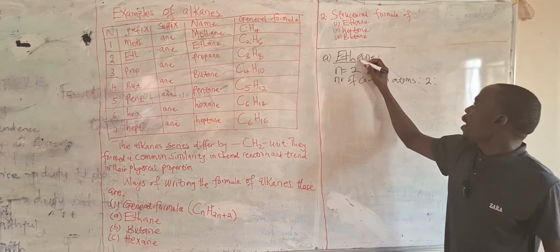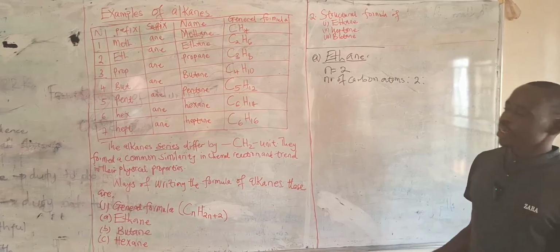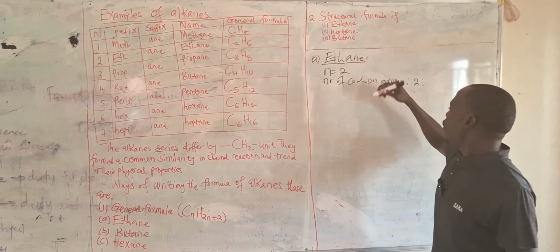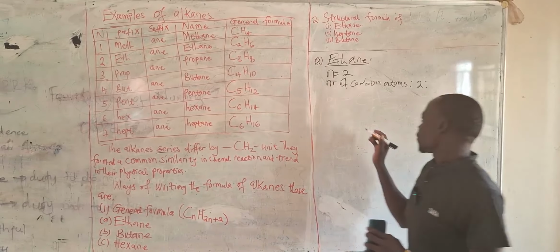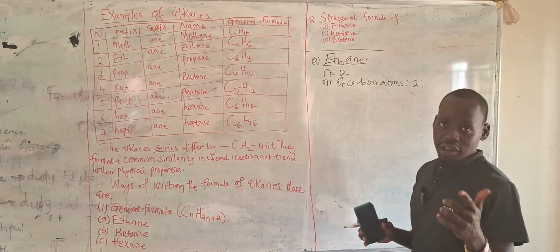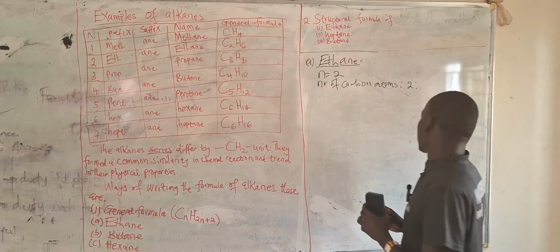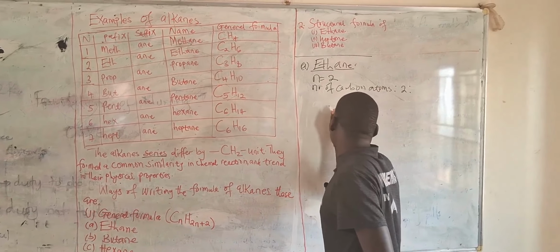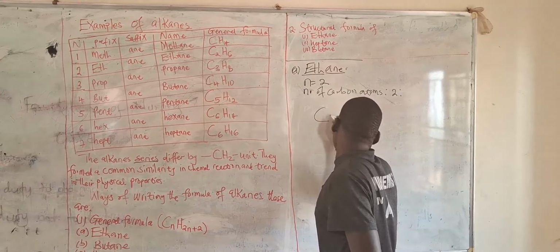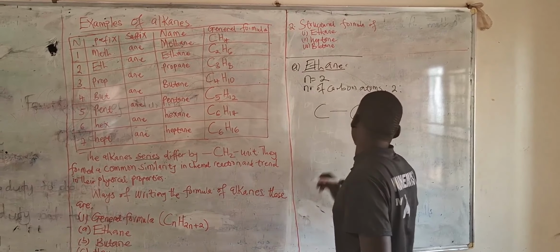Then the moment I see ANE, that means I'm dealing with alkane. So if I'm dealing with alkane, I'll have a single bond between the two carbon atoms. So we shall have C, the single bond, and C.